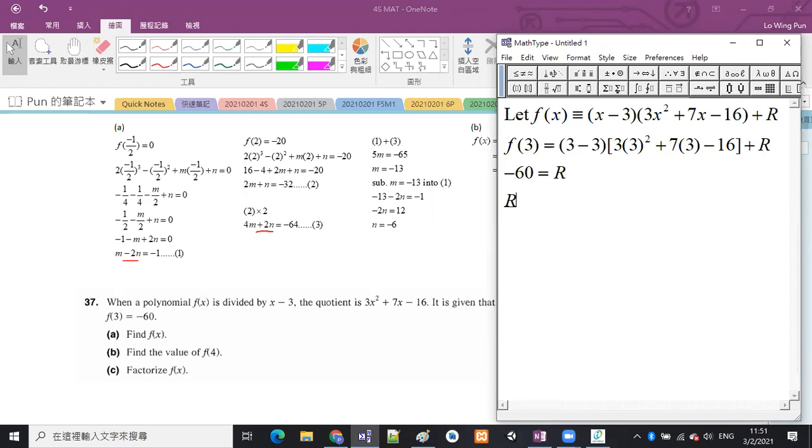So we can find that r is equal to -60. That is, the remainder is equal to -60. Now that we have found the only unknown, we can write down the complete information of f(x). It's just equal to (x minus 3) times (3x squared plus 7x minus 16), minus 60.